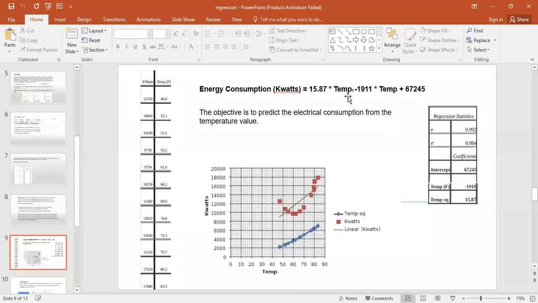Here we need to substitute the particular temperature which we want to predict, so that we'll get the energy consumption at that temperature. As these outputs are random, it's an example of non-linear regression. And as we have squared the temperature, it's mainly a trial and error method.